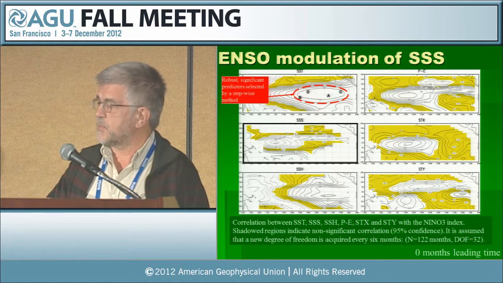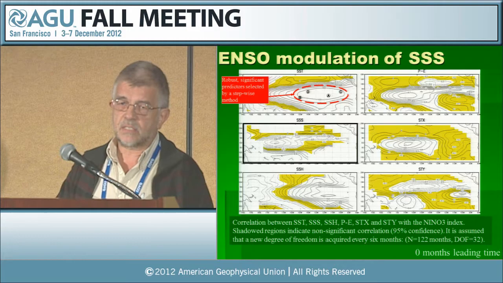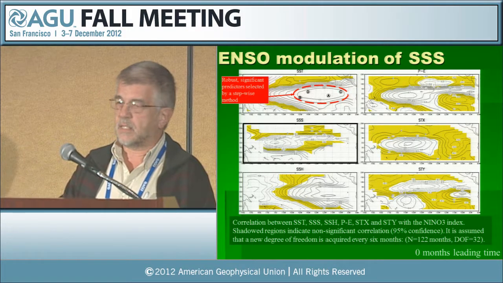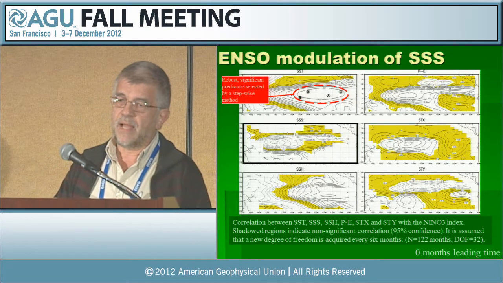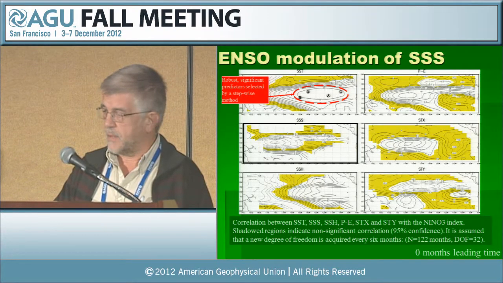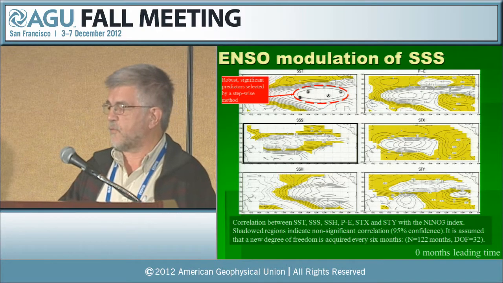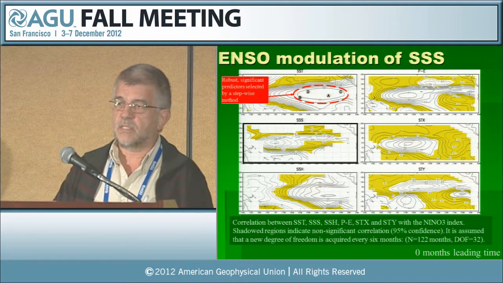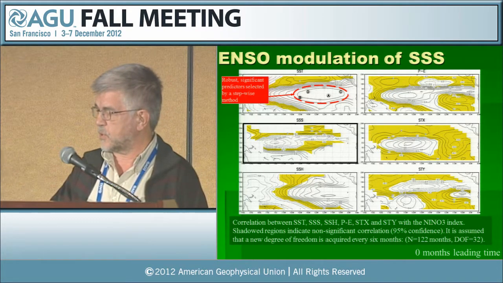The result presented here is that sea surface temperature is the best predictor, and in these specific regions, labeled A, B, C, D, is where we find the best correlation with the El Niño 3 index. This is quite obvious, because the El Niño index is derived from sea surface temperature.